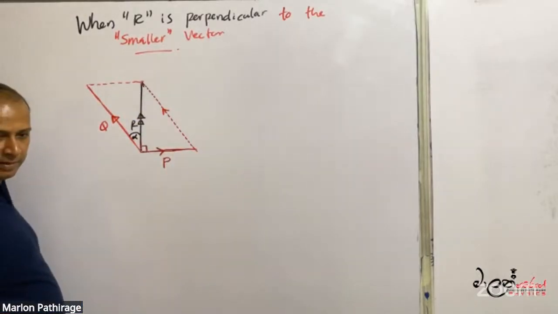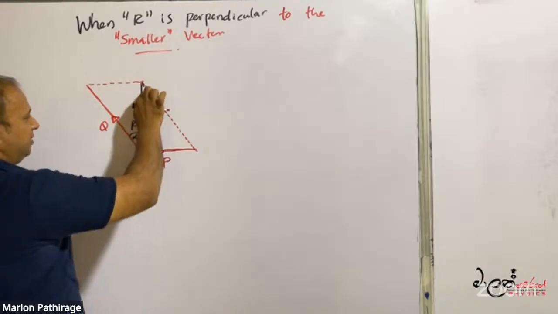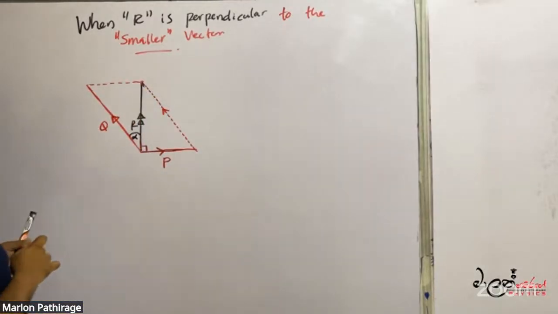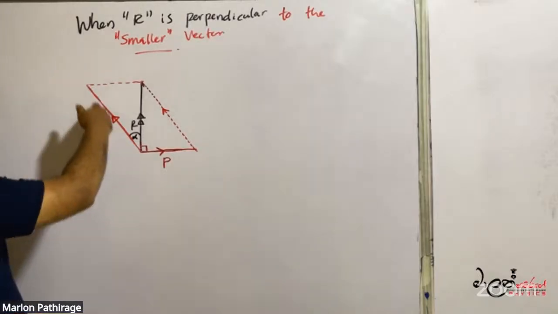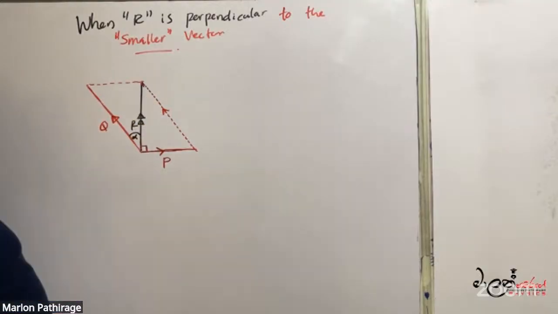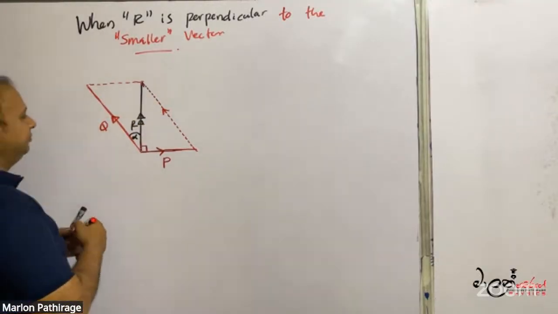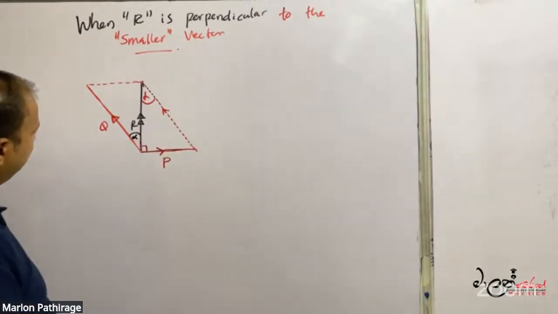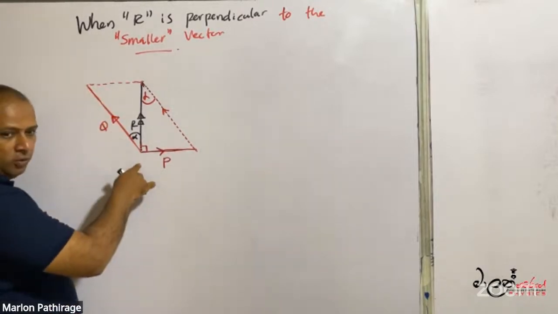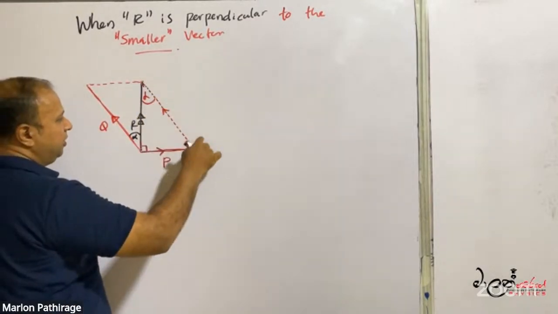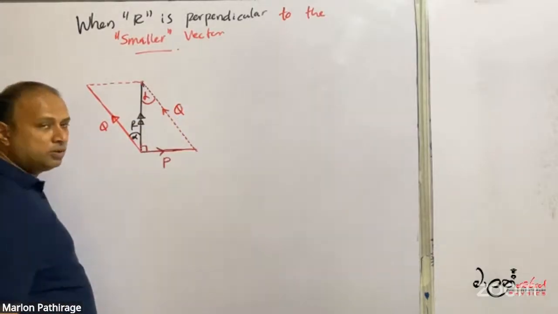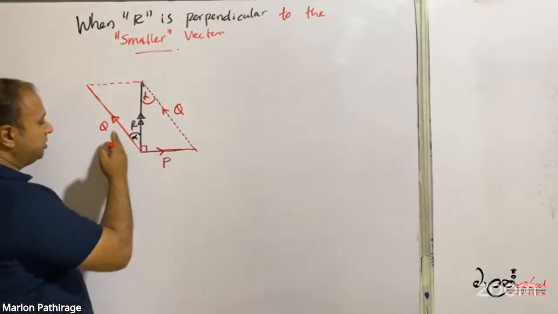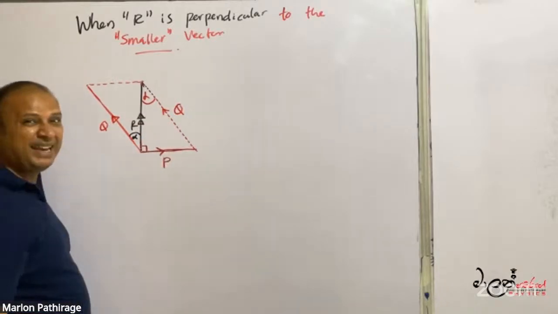Okay. Therefore, if this one is alpha, this one is also alpha. So you know this one is Q. Therefore, this side should also be equal to Q, because these two sides are equal in length.